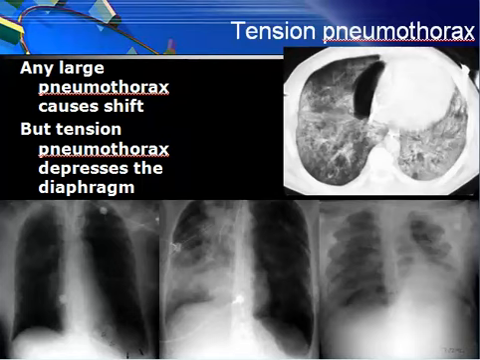So if you find shift of the heart and mediastinum with downward shift and depression of the diaphragm, please consider pneumothorax of the tension type. Of course, any large pneumothorax will cause shift, but in tension pneumothorax, depression of the diaphragm is characteristic.